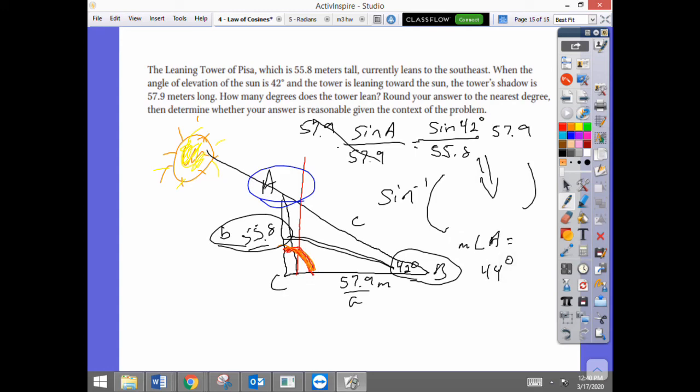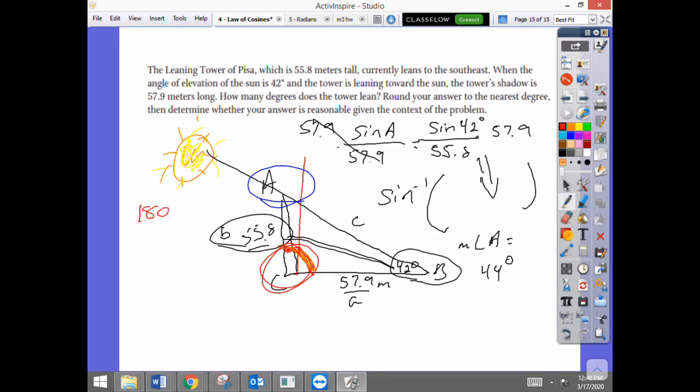We're not done yet. We want to know what the measure of angle C is, not angle A. So again, to find angle C right here, what do we know about the angles of a triangle? We know they have to add up to 180.